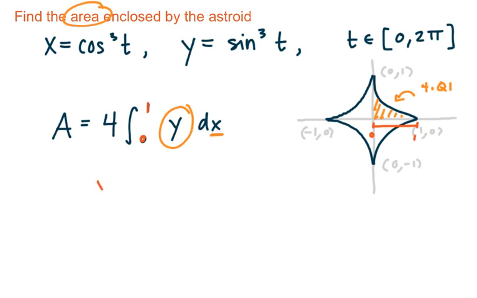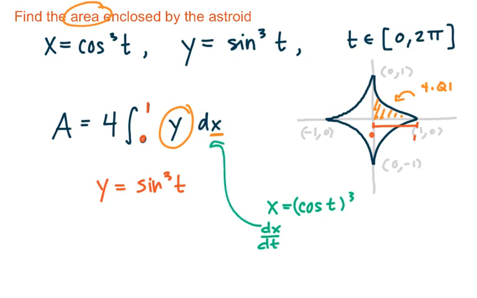So maybe I can write it all in terms of t. What we're going to note here is that y equals sine cubed of t. And considering that x equals cosine t cubed, the derivative of x with respect to t, and I'm taking the derivative of x because I want that dx there, would be 3 cosine squared t times the derivative of the inside, and the derivative of cosine is negative sine t.